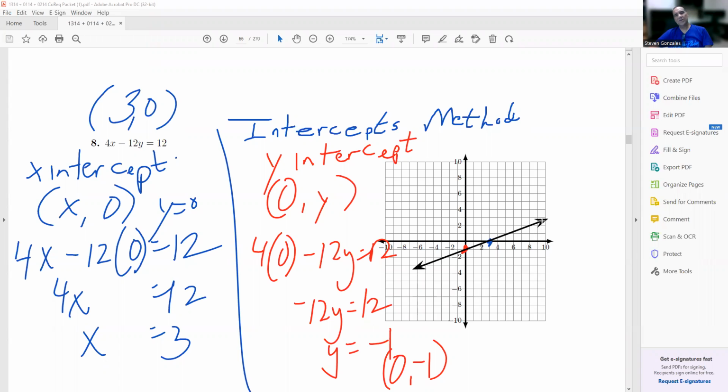Now, even though your goal is to find intercepts, you should also note that this line has a rise that's positive for every run that's positive. In other words, the slope is positive.